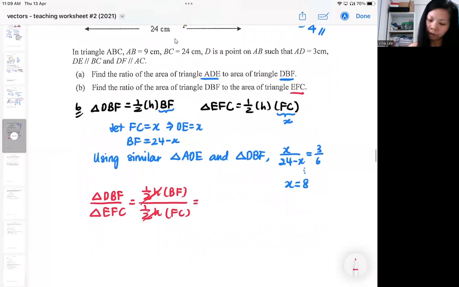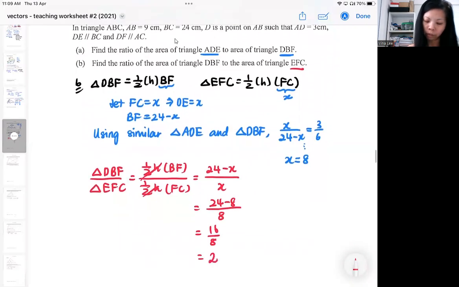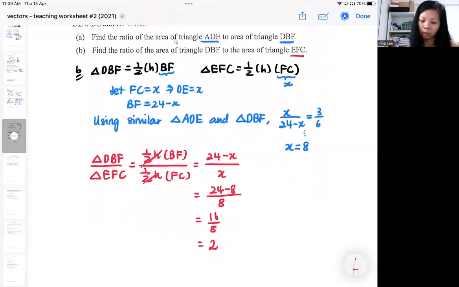And BF is 24 minus X, which is 24 minus 8 over 8. So you will get a value of 2. So the ratio is 2:1.